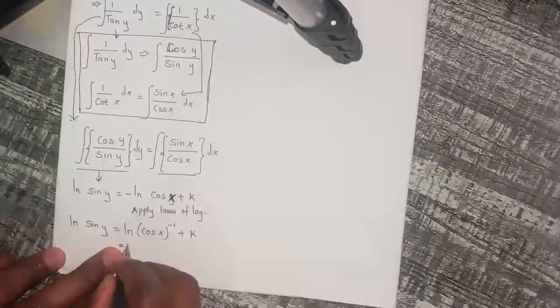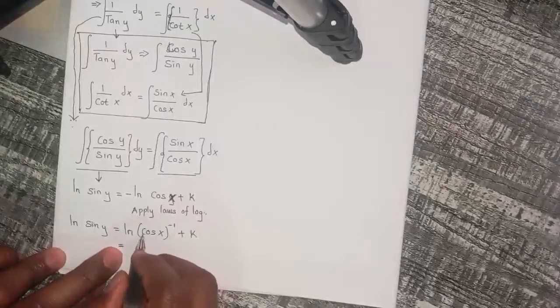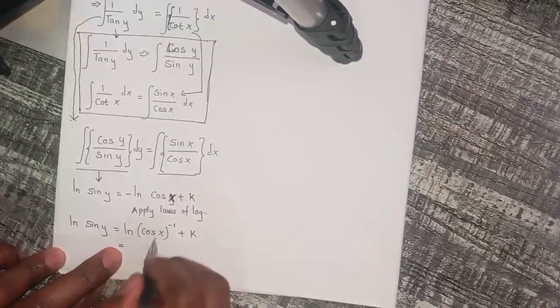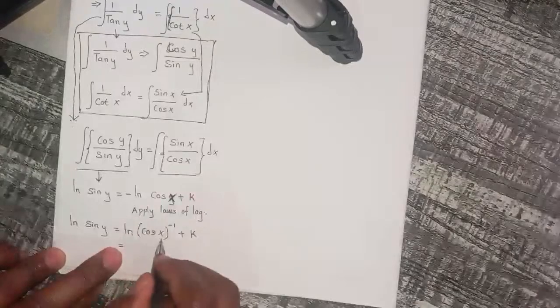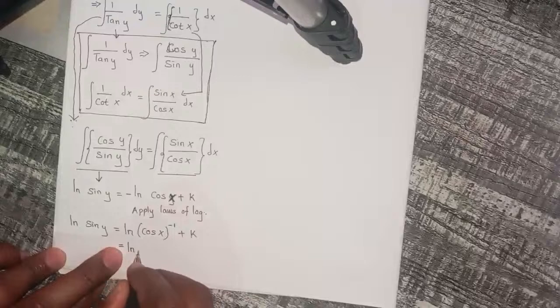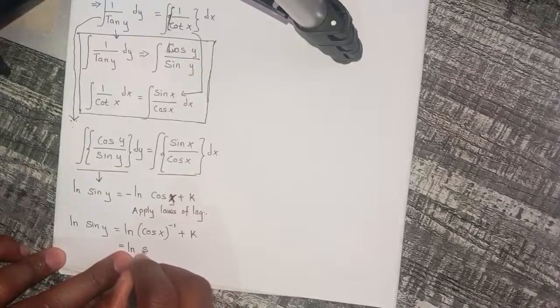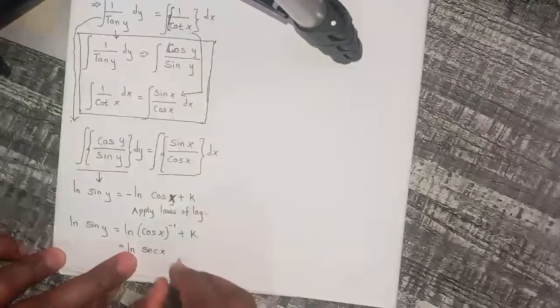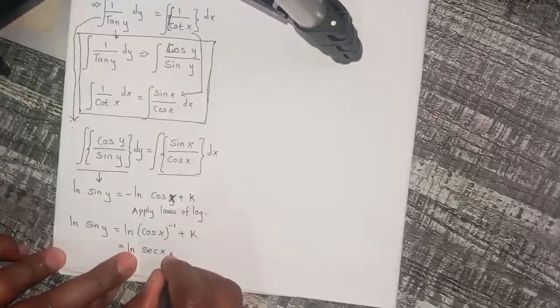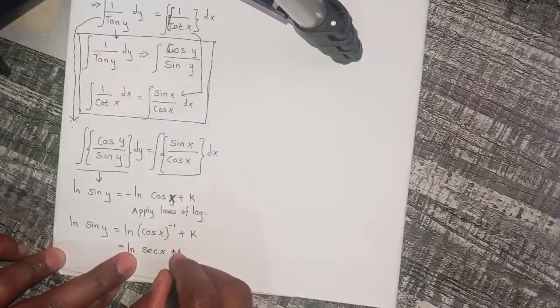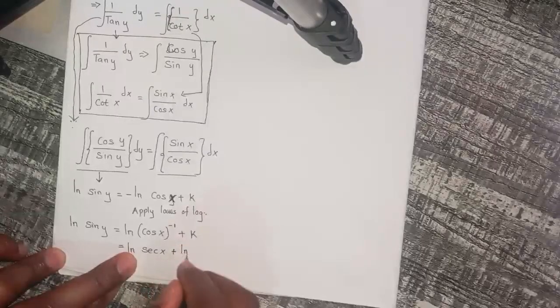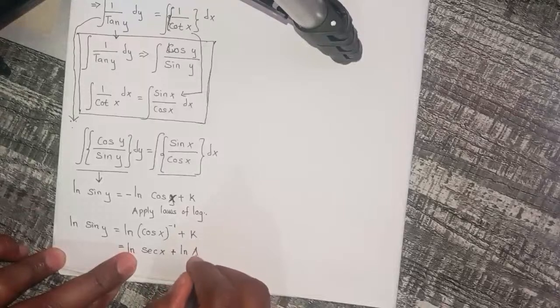And this implies that the inverse of cos, what you have inside this bracket, is simply the natural log of sec x plus the natural log of maybe a constant a.